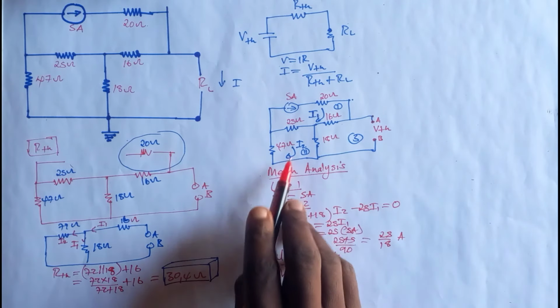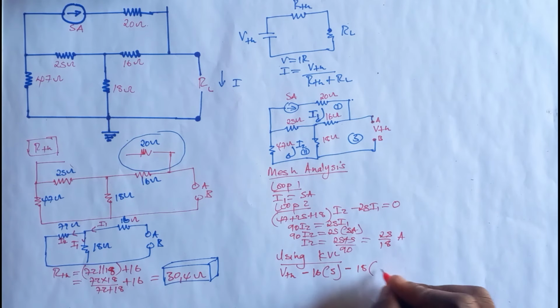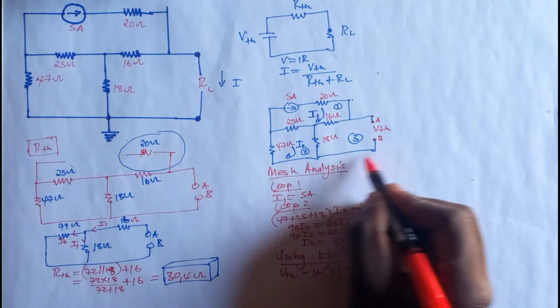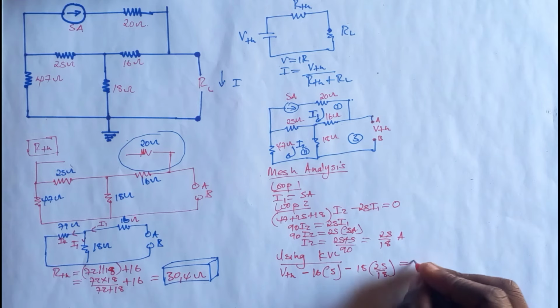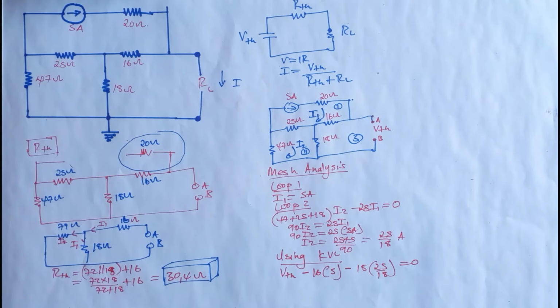The current is I2 and the resistance is 18, so it's 18 times I2, which is 25 over 18, and that gives us 0. If we return to earth, we should get 0 here. Now if we simplify, the Thevenin voltage should be equal to 105 volts.